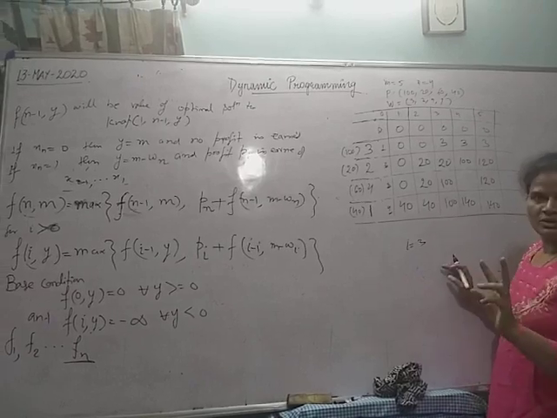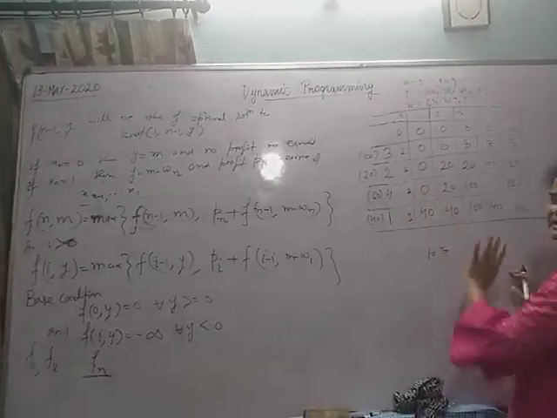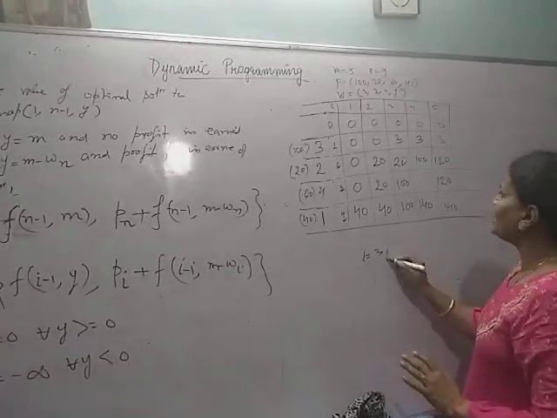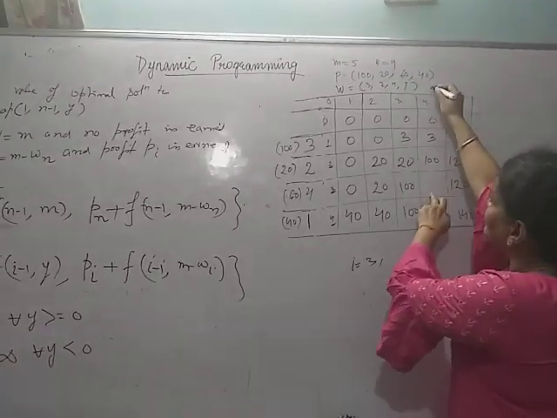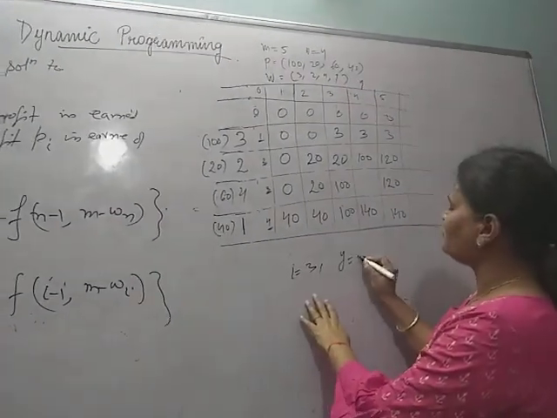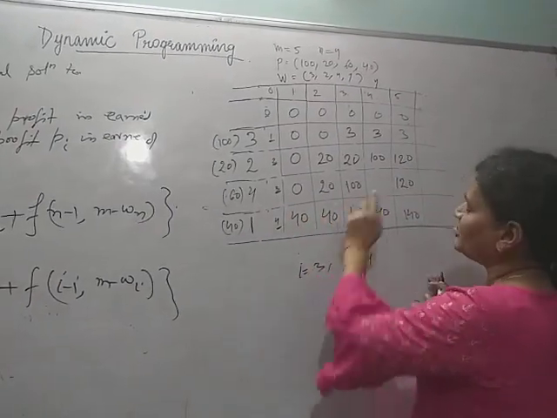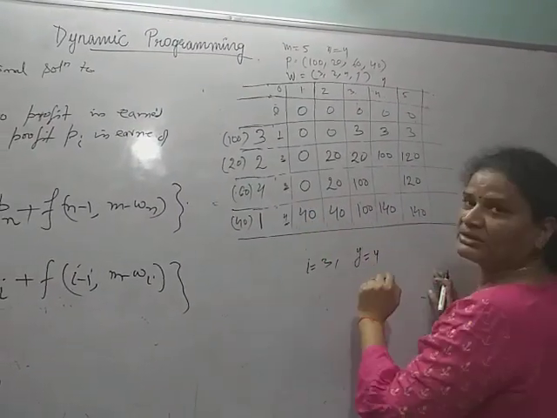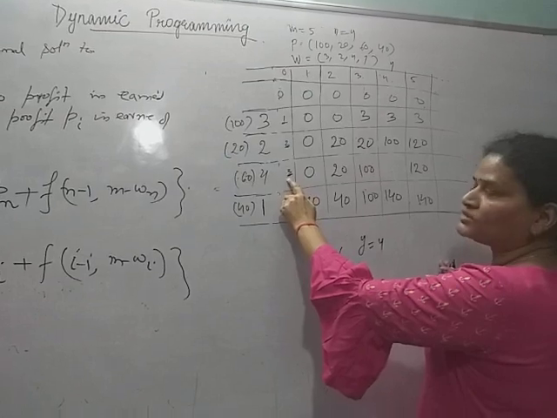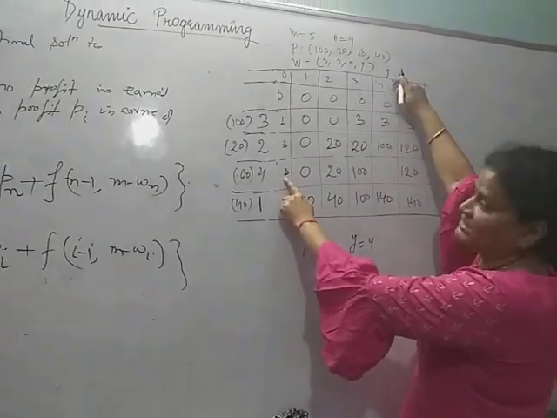There are two decisions, either to exclude the third object or include the third object. For this entry, y is the capacity of the knapsack at present, so y is 4. Simply there are two ways. If I am excluding this object, then this is the profit earned for the same capacity.